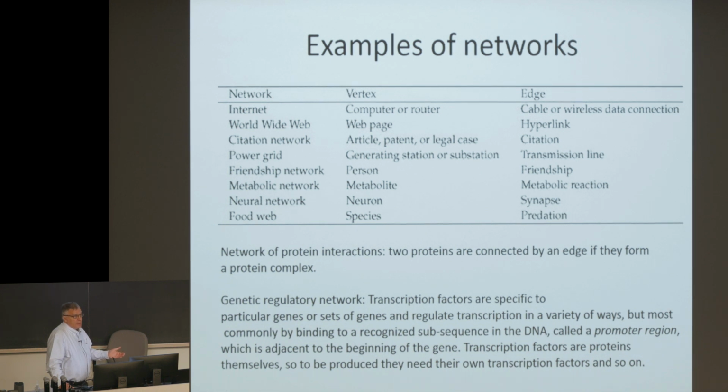So basically there are 2 types of nodes in this network. One is a reaction and another is a metabolite. So it's an example of so-called bipartite networks, which we will talk about, how to represent them in mathematical form.